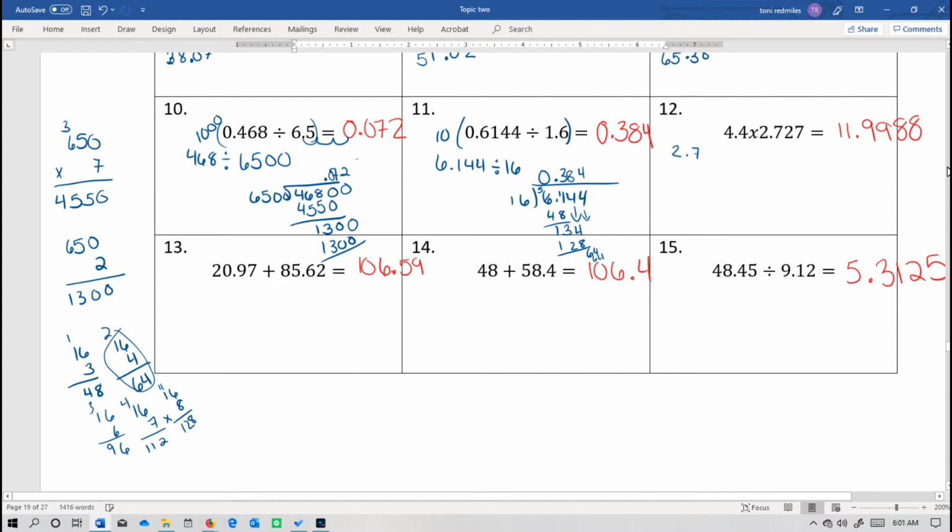I'm going to flip-flop it because I like that longer number on the top. I should have 1, 2, 3, 4 decimal places in my answer. Start with this. I'm going a little faster because this video is getting long now, and by now you should have a good idea of how to do these problems.